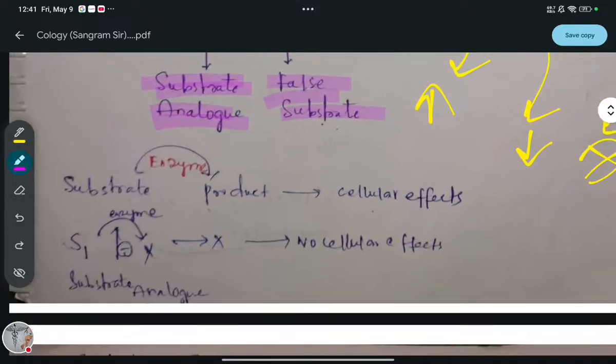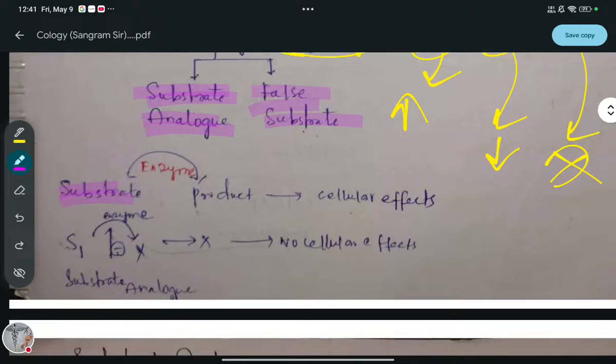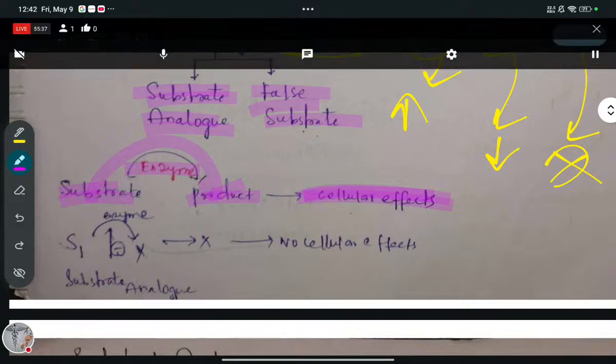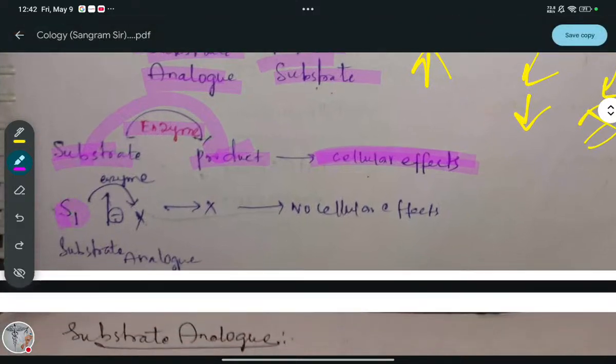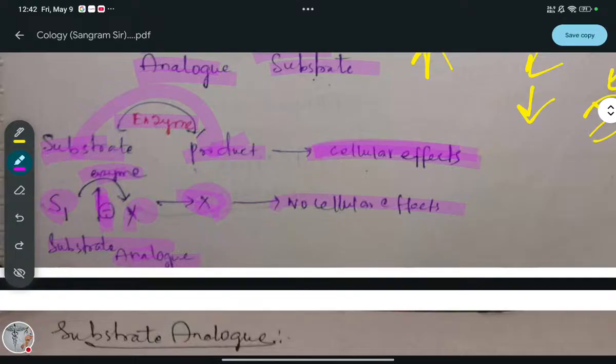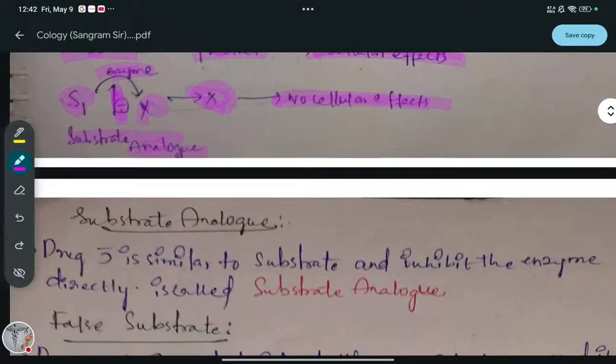In the case of a substrate, the enzyme will come and bind to it and form its product. When the product forms, the cellular effect will be seen. But when the drug acts as a false substrate and the enzyme is inhibited, there is no product, and when there is no product, there is no cellular effect.